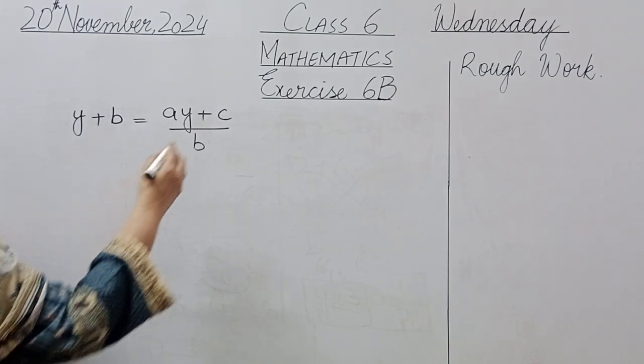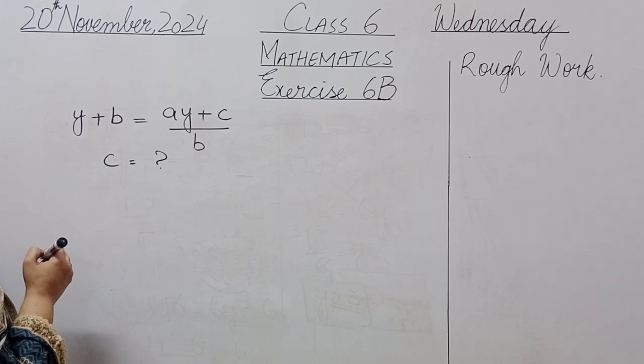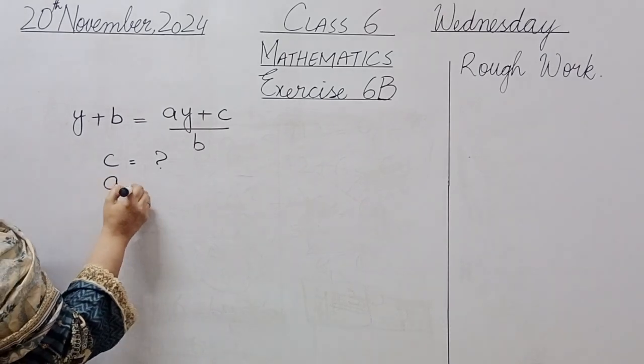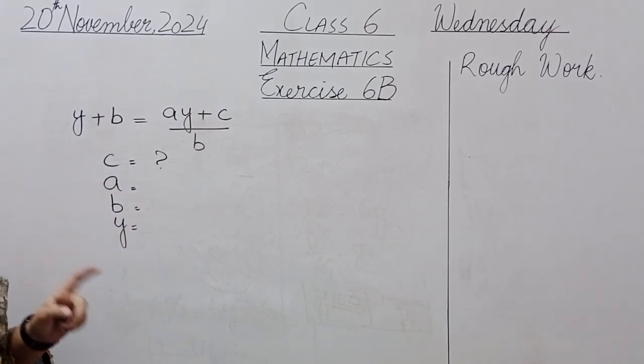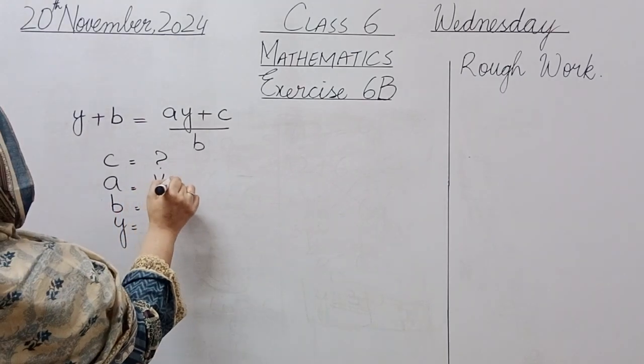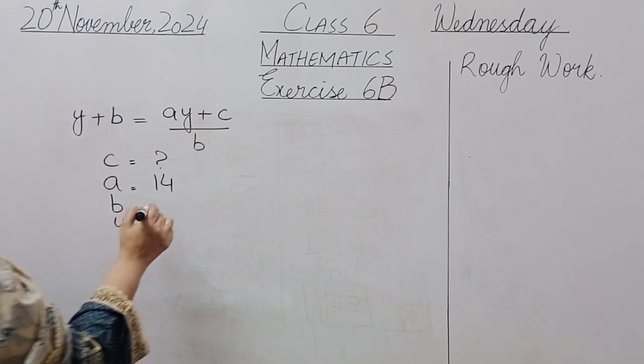We have to find the value of c when we have the values of a, b, and y. What are the values of a, b, and y? a is 14, b is 3, and y is 12.